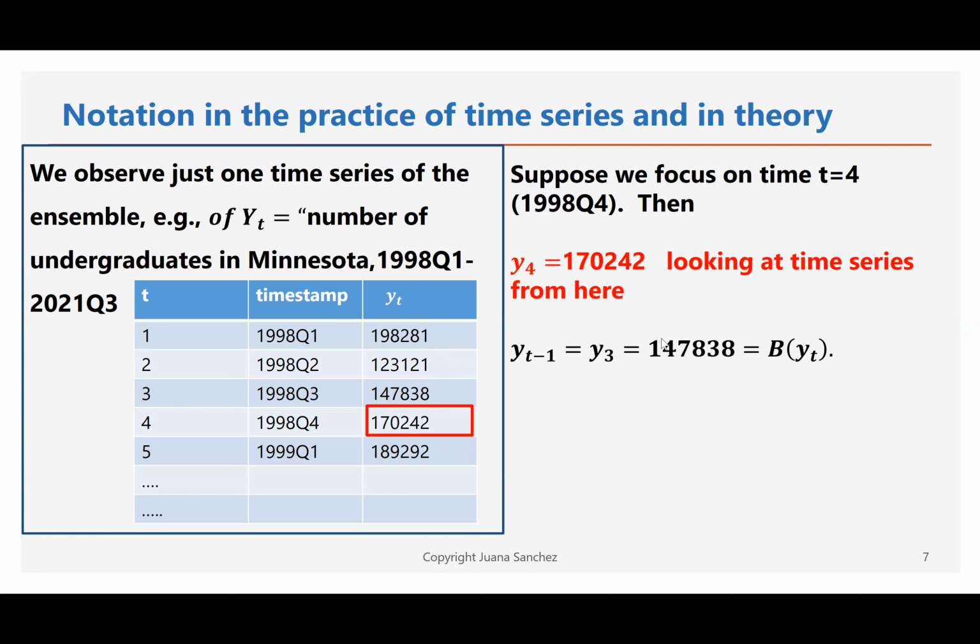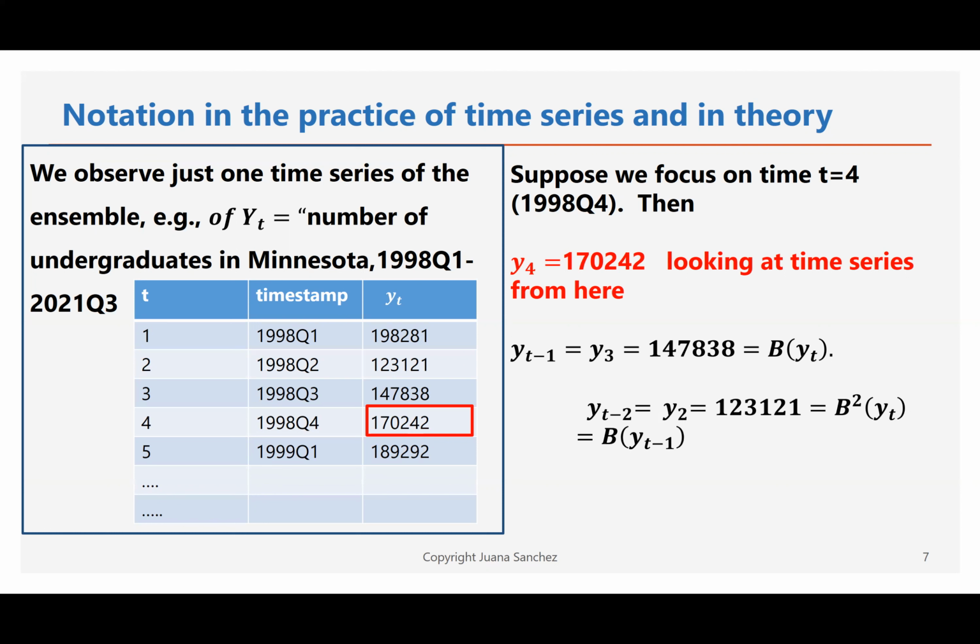Then what we did to the time series to obtain the value is apply the backshift operator. So B, the backshift of y sub 4, is y sub 3.